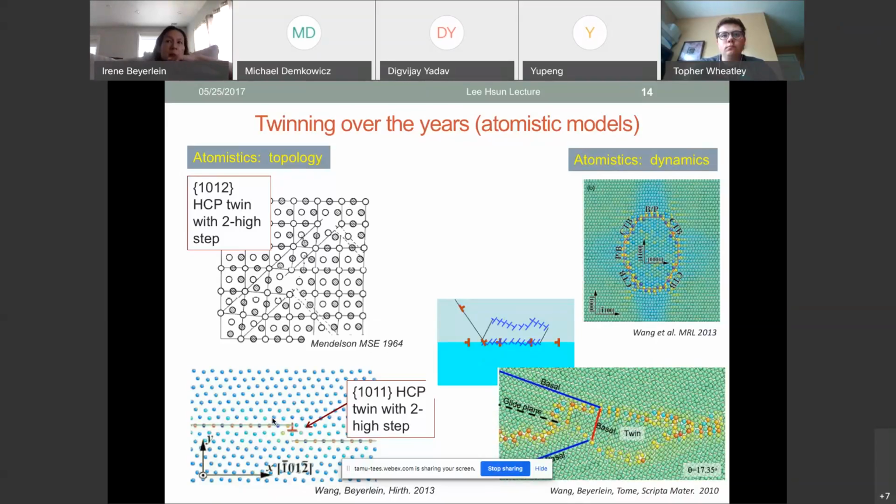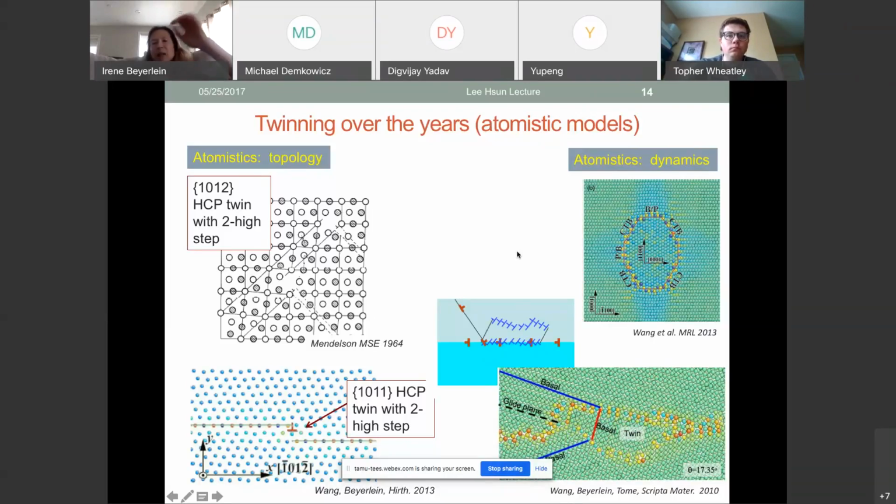So step height has been an important characteristic of the twin. So atomistics have been used where you take a pre-existing twin boundary and you analyze what would be the kinetically favorable twinning step height. So molecular dynamics simulations have been important for that. And this has been inspired by some earlier work where atomistics was not used, but more of this kind of topological type analysis.